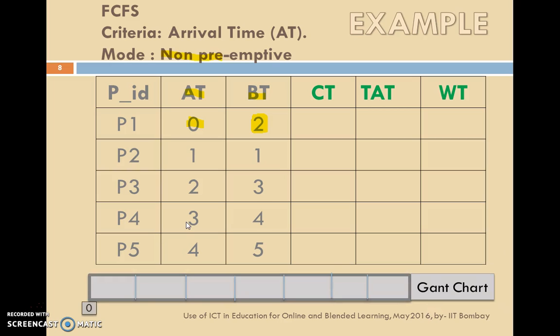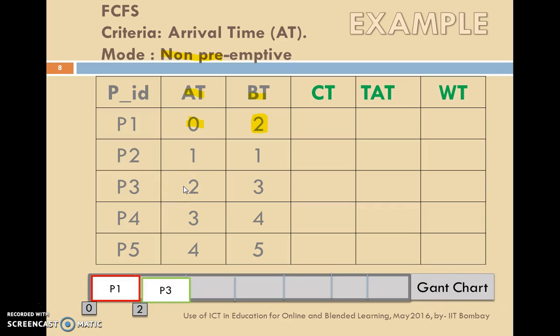At time 0, the process P1 arrives and we schedule it. It requires 2 units of time, and then we decide which process is scheduled next, whichever came earlier. Within those 2 time units, process P2 and process P3 also arrive.